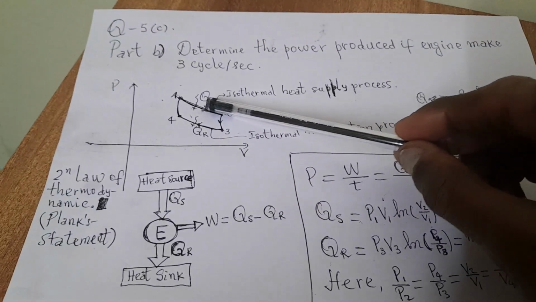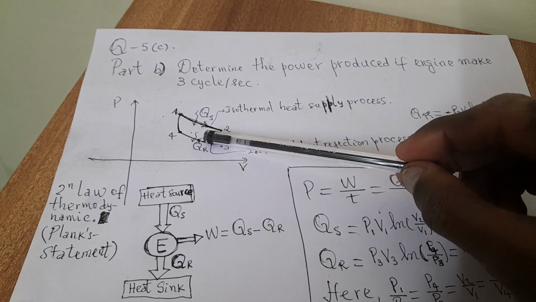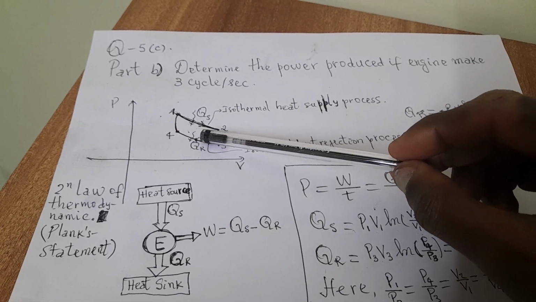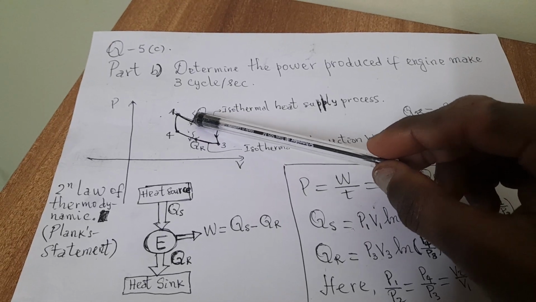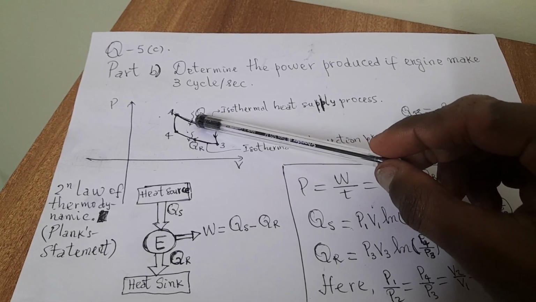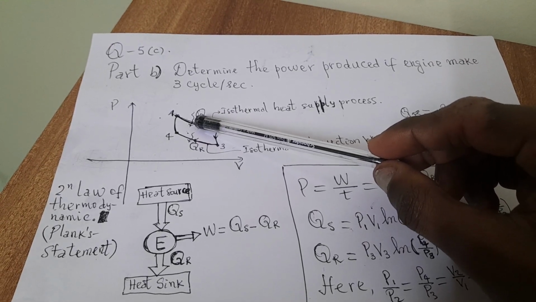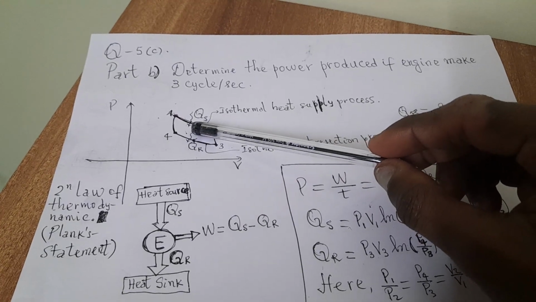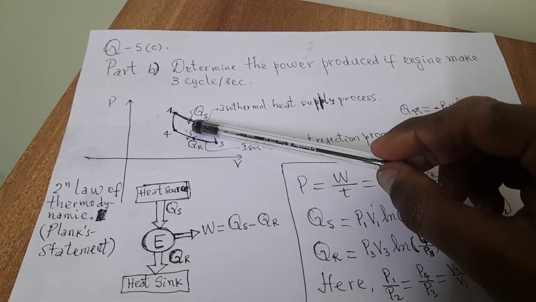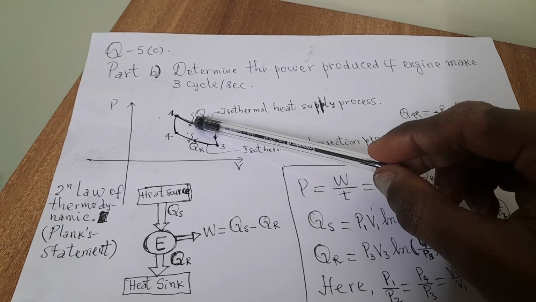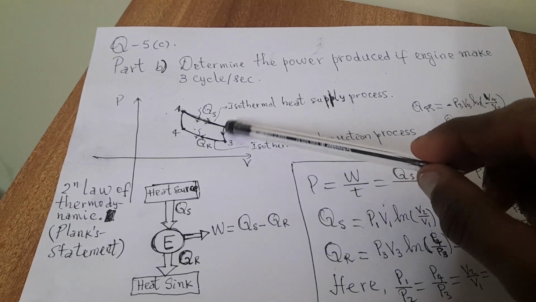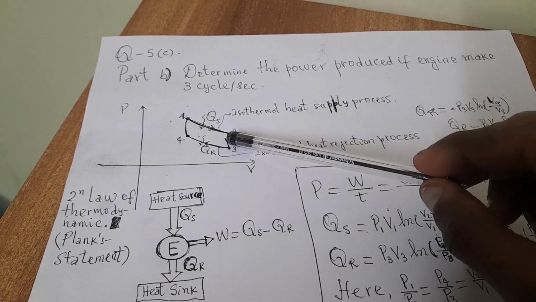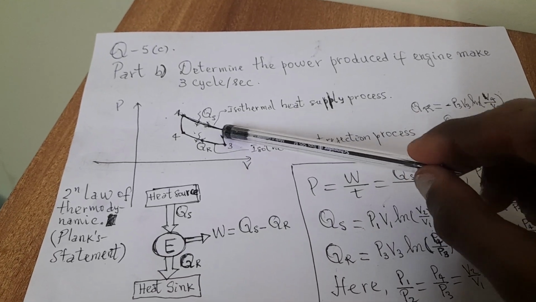They gave us also TL, the lowest temperature in the cycle, that was 300 Kelvin. And we found out the highest temperature in the cycle by some calculation for this exercise also, and that was 397.03 Kelvin, if I'm not mistaken. You can check the other video and just continue with this one.